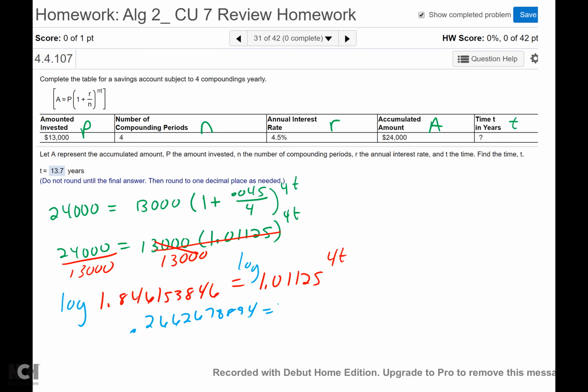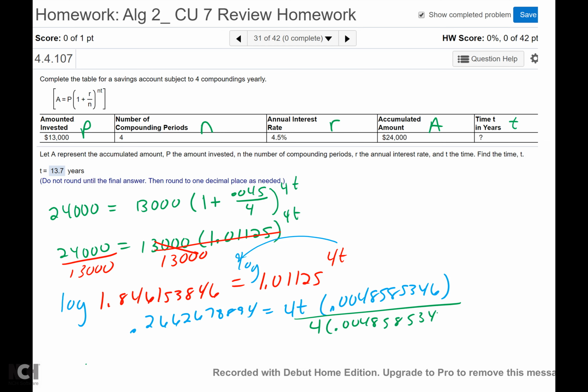And if I can drop this like it's hot, so that would be 4t times log of 1.01125. I get 0.004858536. So to get t alone, I'm going to divide by 4 times 0.004858536. Those cancel.